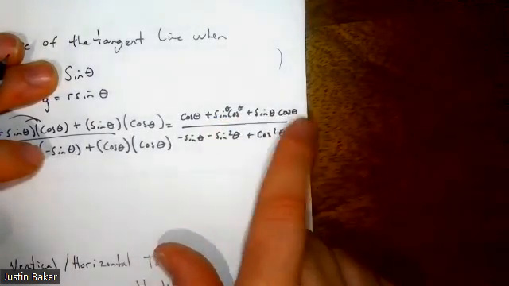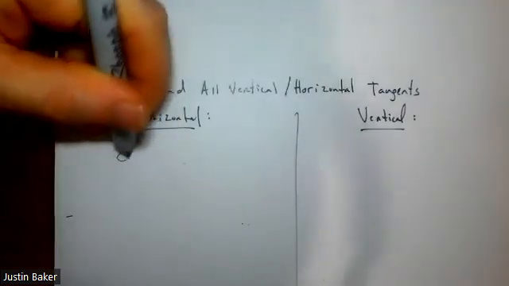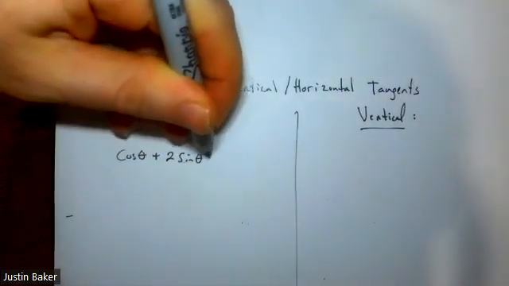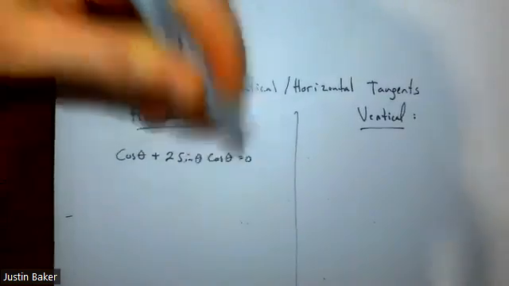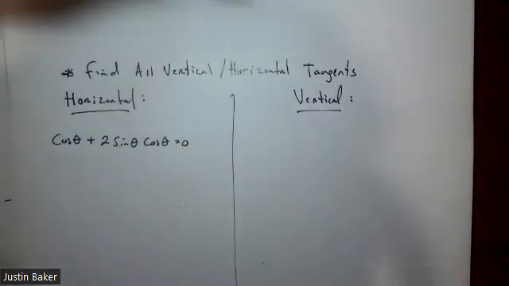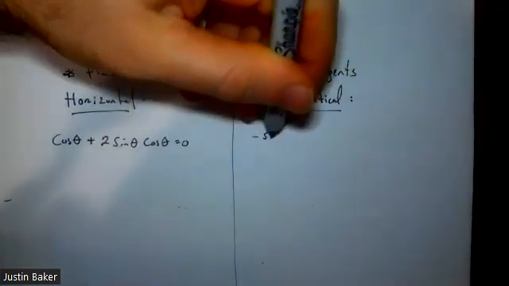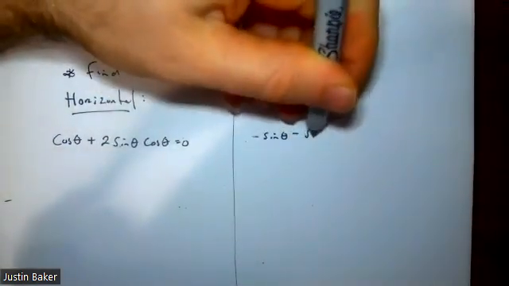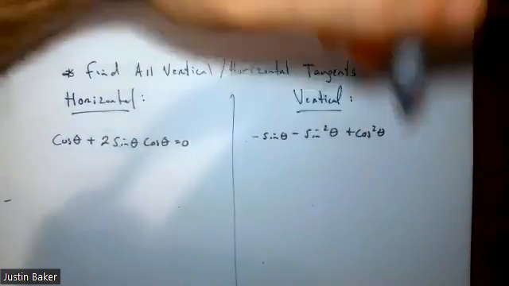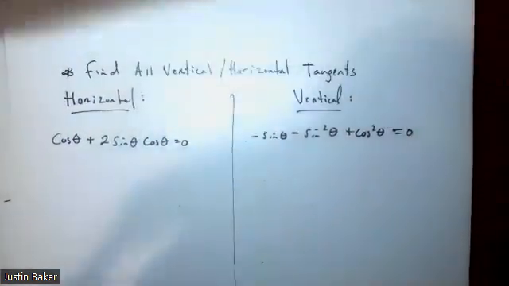Sine cos and sine cos, those are like terms. So we're going to say cosine theta plus 2 sine theta cos theta is equal to 0. And on the other side, what are we going to have there? This is negative sine theta minus sine squared theta plus cosine squared theta. And we're going to set that one equal to 0.